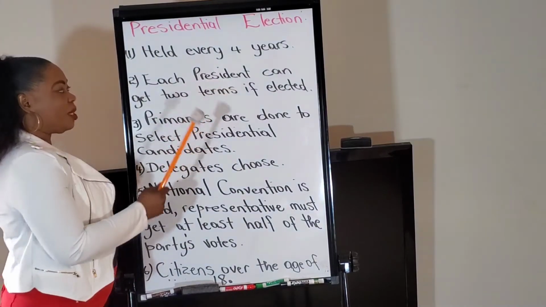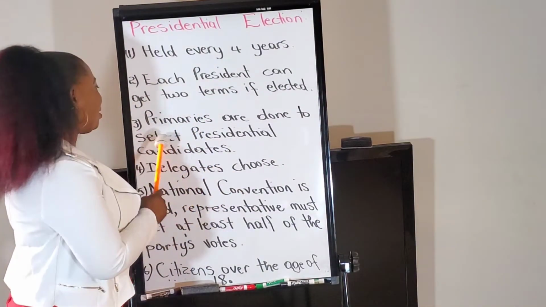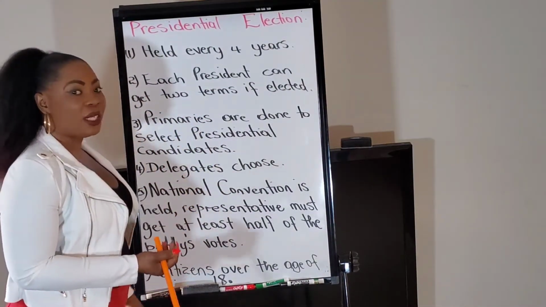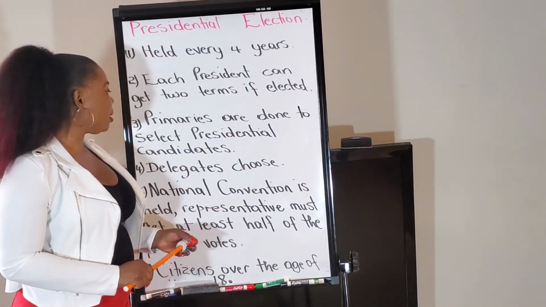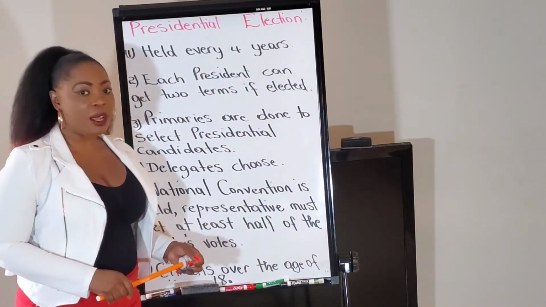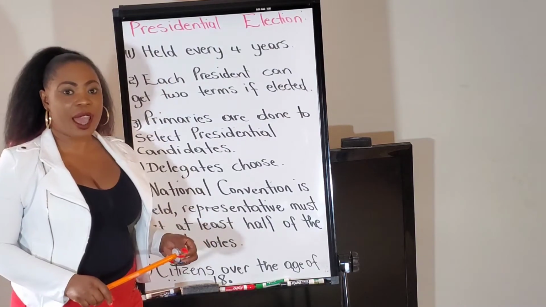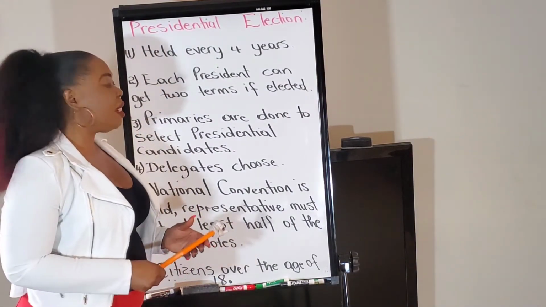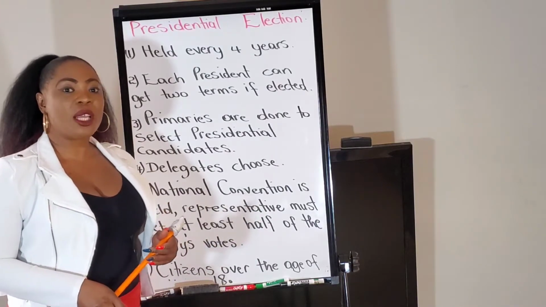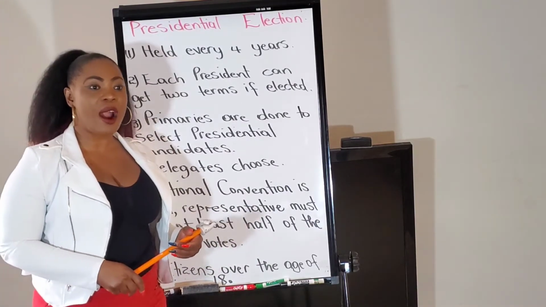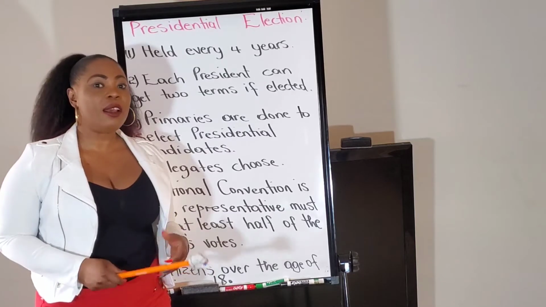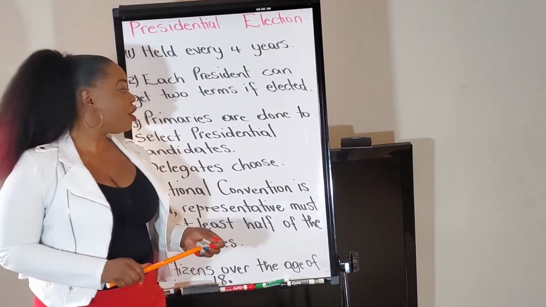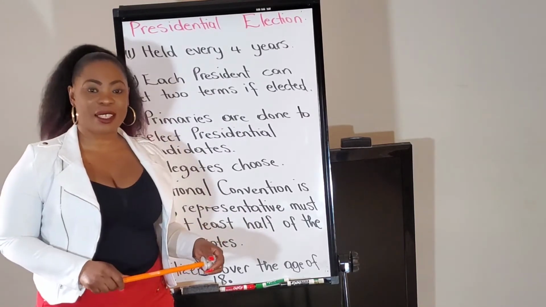This is what I just explained to you. Now let us look at number 3: primaries. You may be wondering, what are primaries? Primaries are done to select presidential candidates. Even before it comes to the presidential election, you have what are called primaries, and those are elections in particular states. Here you have delegates voting.